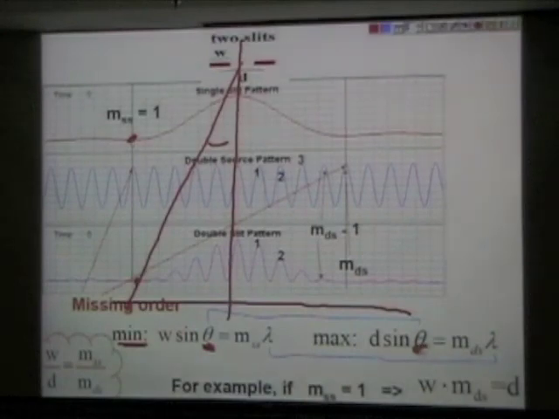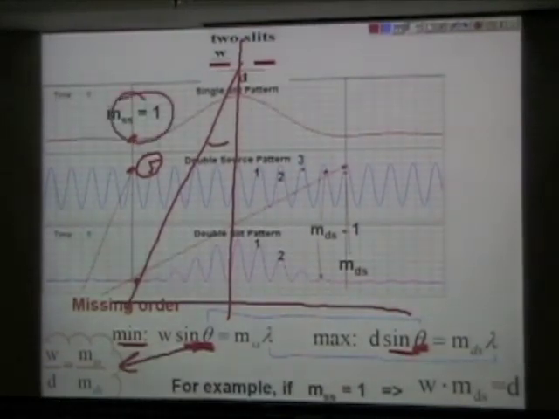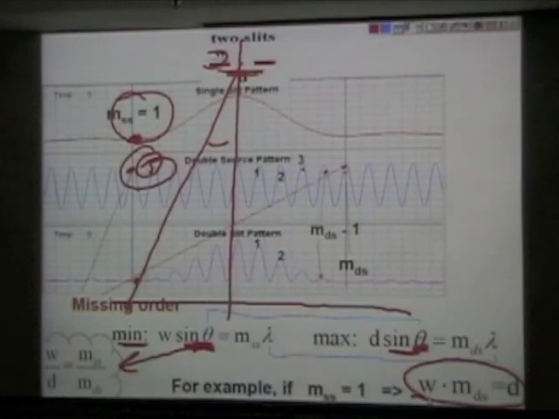However, at the same time, that should be the angle which would describe, in my example, 1, 2, 3, 4, 5, the fifth maximum of the double source interference pattern. Since the angle is the same, we can derive this expression which relates this number, the width of the individual slit, and the distance between the slits. And for many situations, this is the first minimum. So when m equals 1, that's how we can relate these variables.